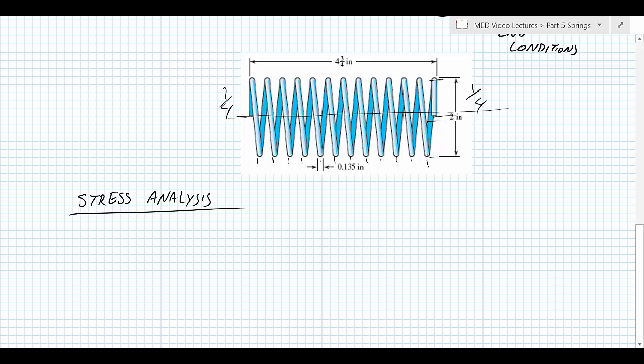So if you imagine just kind of cutting the spring in half here. If we had some force F, then we know that force has to be transmitted through the material. So obviously we're going to have a direct shear part.